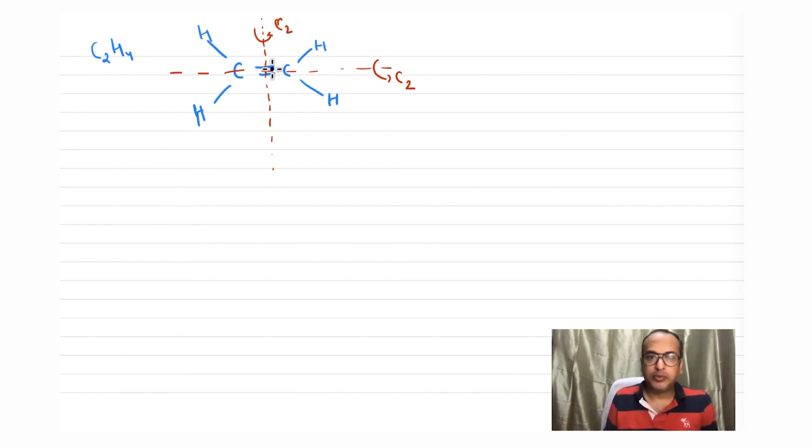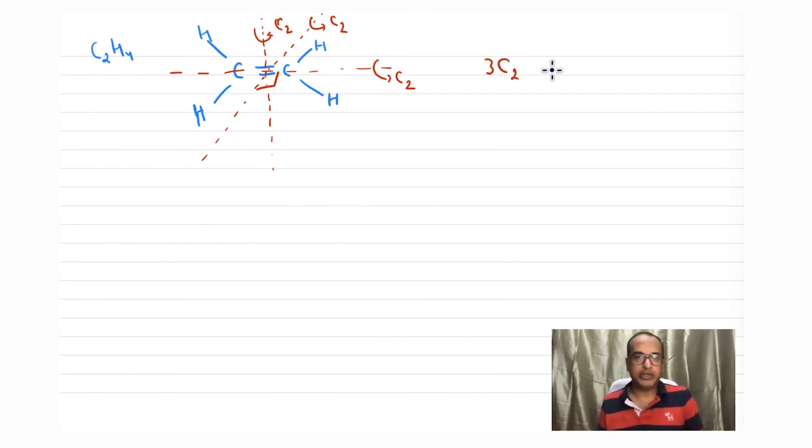So I'm drawing it like this, which is actually perpendicular to the surface. So this is the third C2 axis. So there will be 3 C2s. All 3 will be perpendicular to each other.